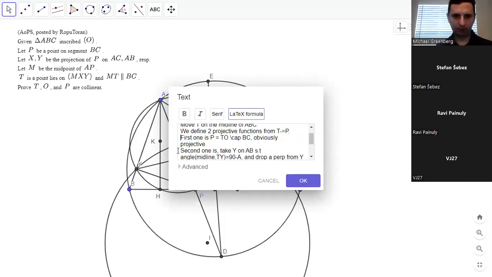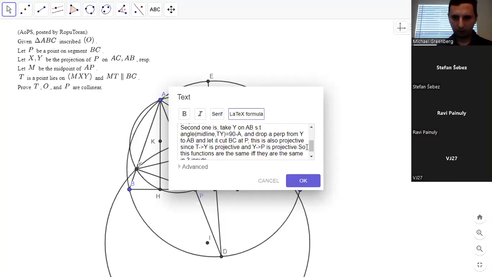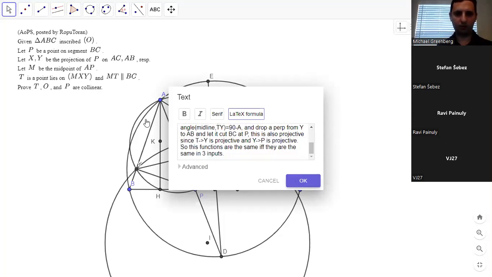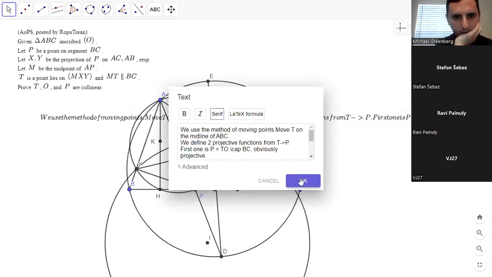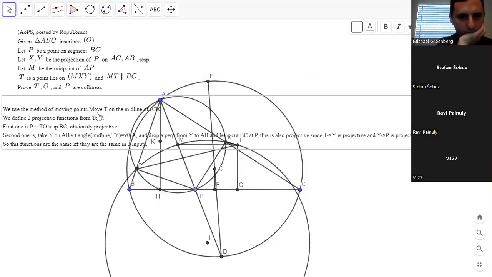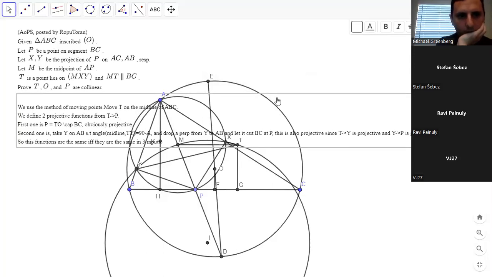And then here's the second one. Oops. Let me get rid of the LaTeX just for now. All right. So if P equals B, the problem is obvious.